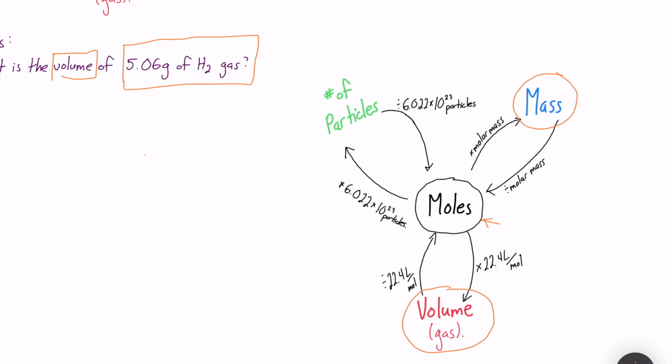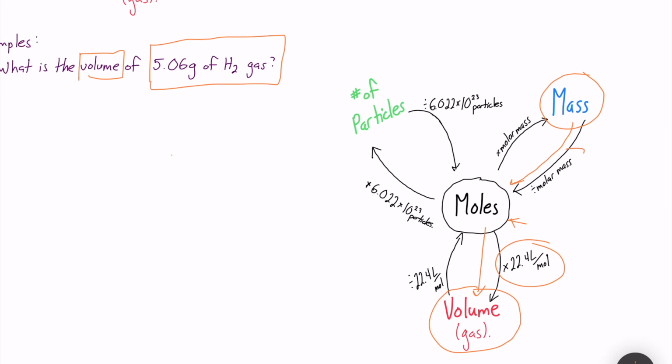So the order that we're going to follow, first off, we're going to go from mass to moles. So we're going to follow that arrow. That means we have to divide by the molar mass. Once we're at moles, we can get to volume by multiplying by that constant of 22.4 liters per mole for volume of a gas. So remember, this is only for a gas.